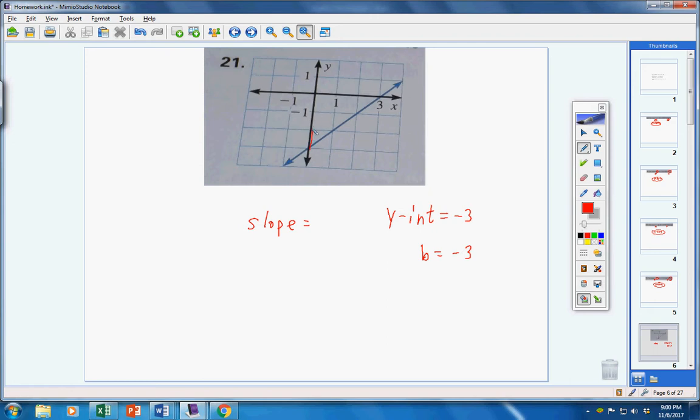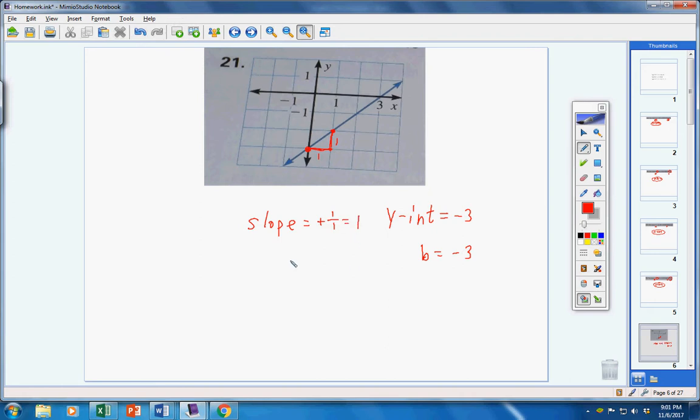I see a point here, and I see a point here, so I go over 1 and up 1. That's 1, 1. From left to right, the line is sloping upward, so it's a positive slope, and it's rise over run, so a positive 1 over 1, which is 1.